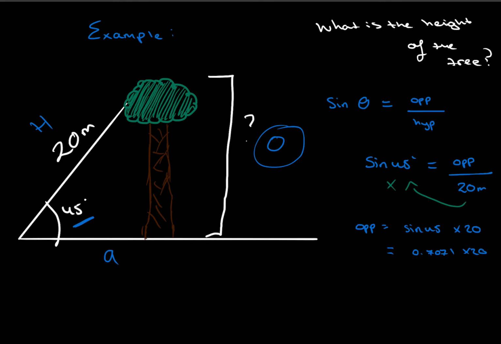So sine 45 times 20 will give us our opposite. 0.7071 times 20 gives us 14.14 to 2 decimal places. So the height of the tree is 14.14 meters to 2 decimal places.